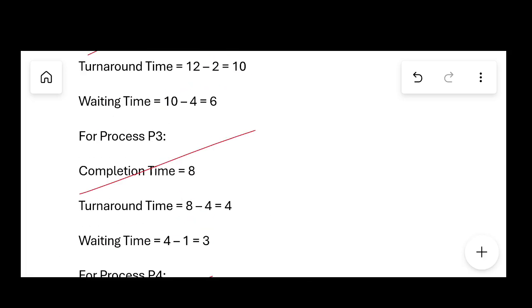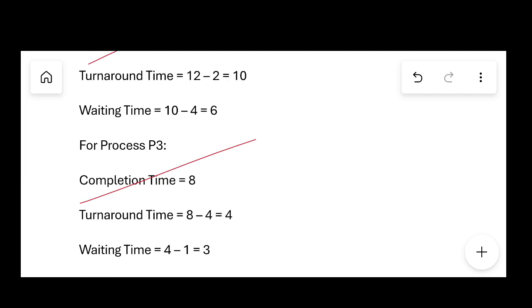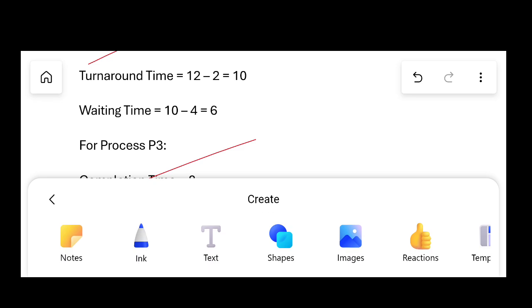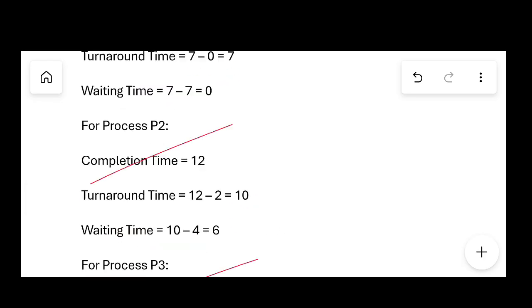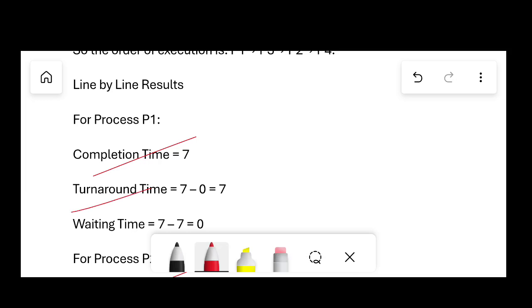Then turnaround time, which is the total time from arrival to completion. For P1 it is 7 minus 0, which is 7.